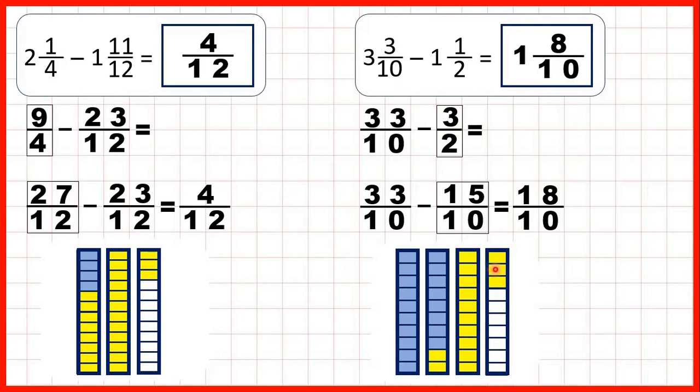So if we take away 15 of these tenths, that leaves us with 18/10 left in blue. But 18/10 as a mixed number is 1 and 8/10, because 18 divided by 10 is 1 remainder 8. So as a mixed number, our answer is 1 and 8/10.